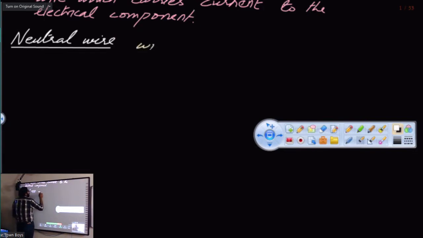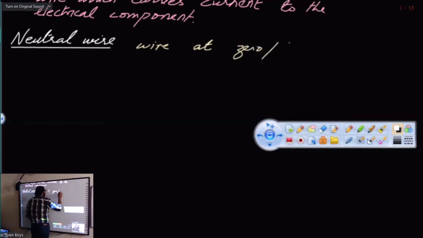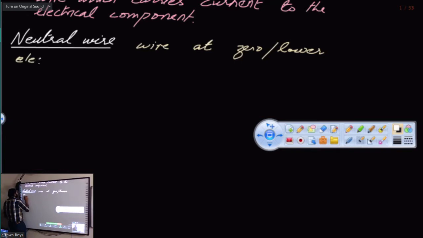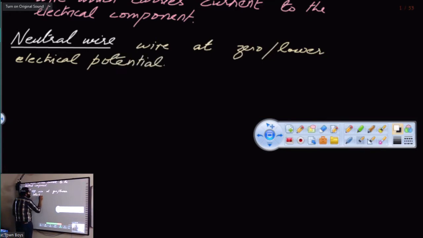A wire at 0 or lower potential, lower electrical potential. So this is a wire at lower electrical potential, and this is the reason why current is actually flowing.